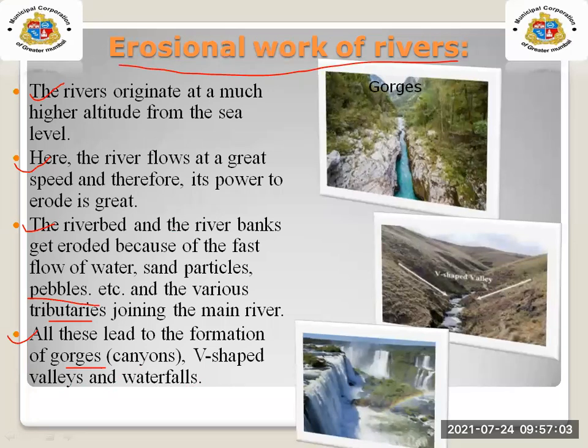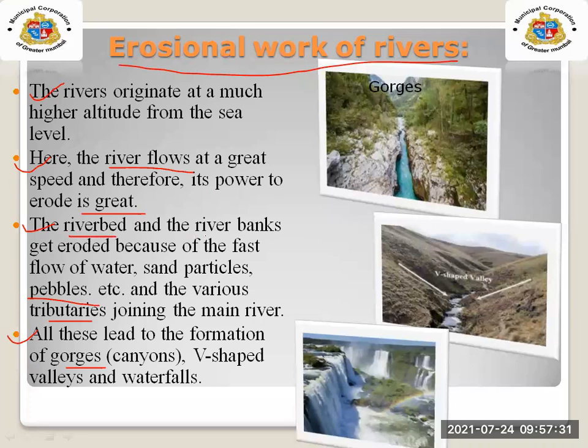Now here, what is the erosion work of rivers? It means when the river starts flowing at a great speed, student. Why great speed? Because the river is flowing from the hills, its power to erode is great.